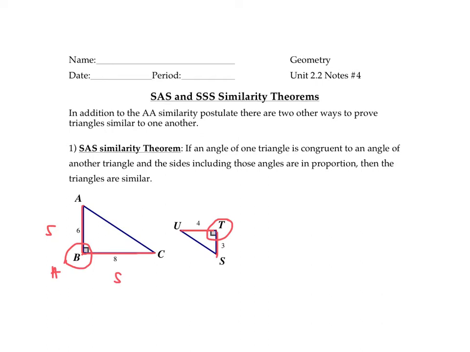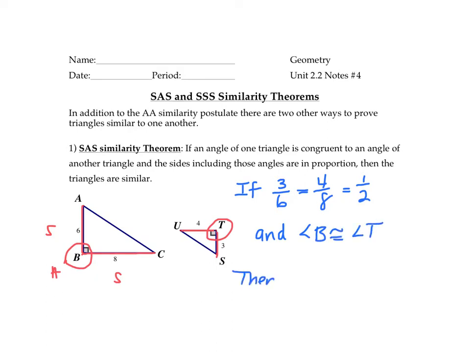So what we need to say is, if we compare the sides, 3/6, comparing the shorter two segments to one another, is equal to 4/8, and it does, because we get 1/2, and angle B is congruent to angle T, then triangle ABC is similar to triangle STU by the side-angle-side similarity theorem.